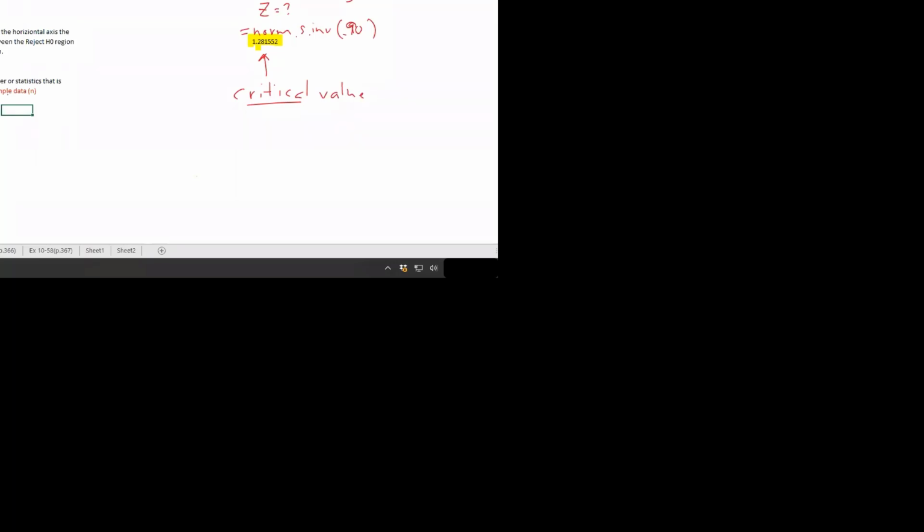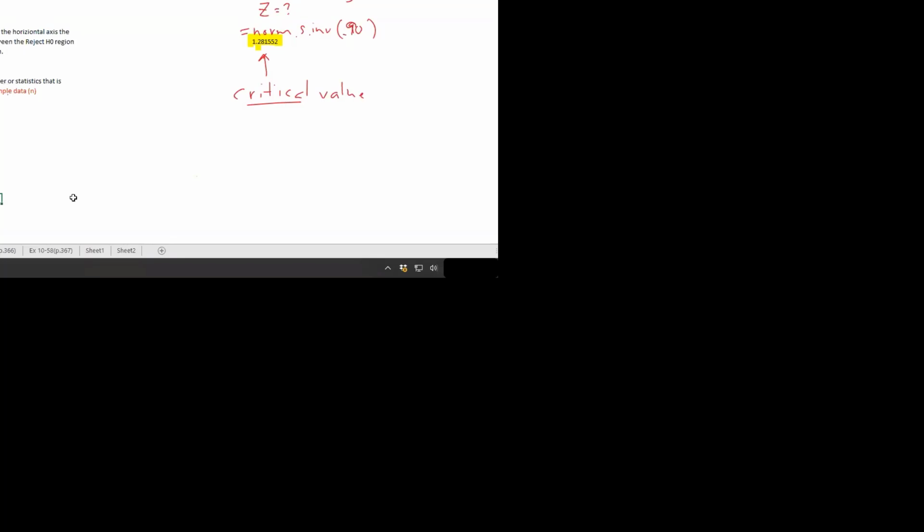Computing that value: 94 minus 90 divided by 22 divided by SQRT of 100. I just translated this equation into an Excel equation so I can compute the z-score.